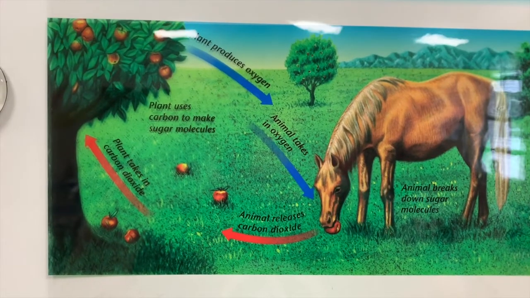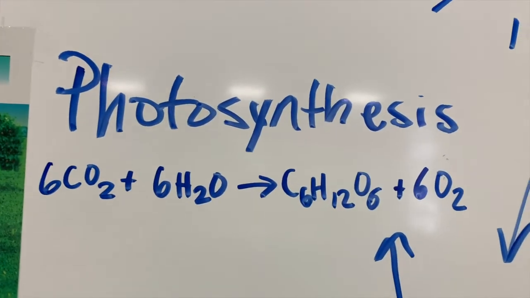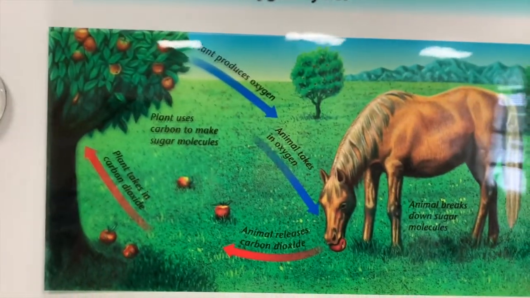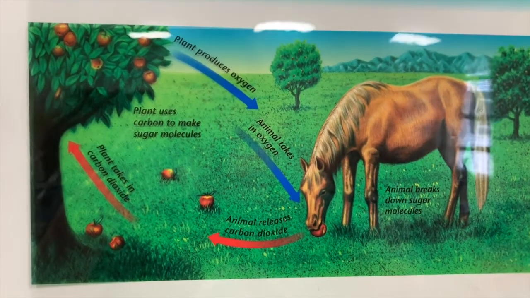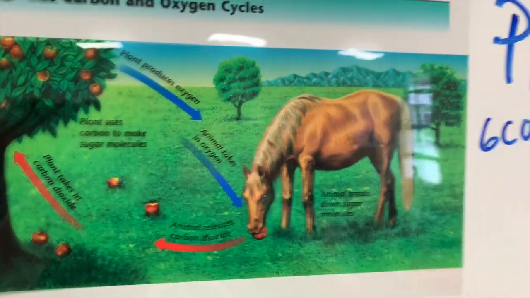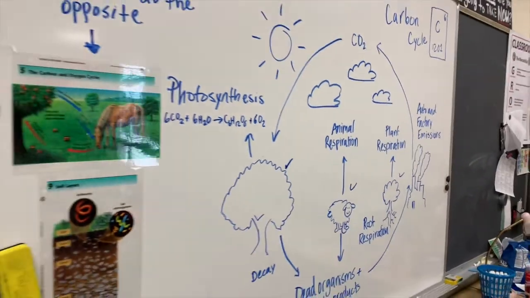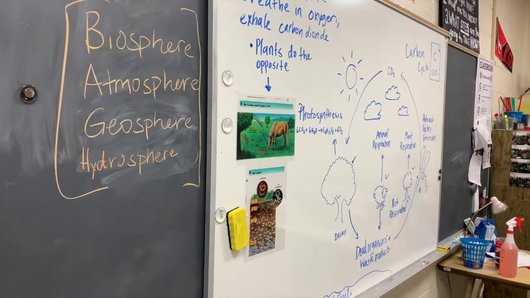The animal breaks down sugar molecules and exhales carbon dioxide, the reverse of our photosynthesis equation right here. And then the tree takes that carbon dioxide produced by the organism back in and uses it to make oxygen again. So again, it's just a continual process going round and round and round. So look out for more information on the carbon cycle today.